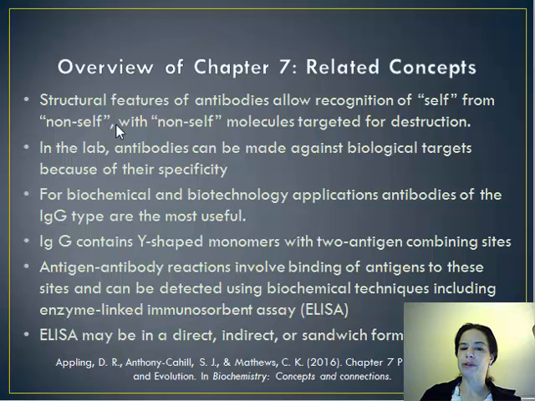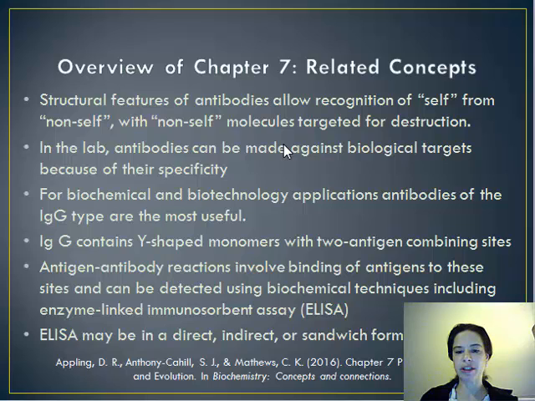Antibodies are involved in recognition of self and non-self, and in the lab, antibodies can be made against biological targets because of this high level of specificity. IgG is the most commonly used type of antibody for biochemical and biotech applications.